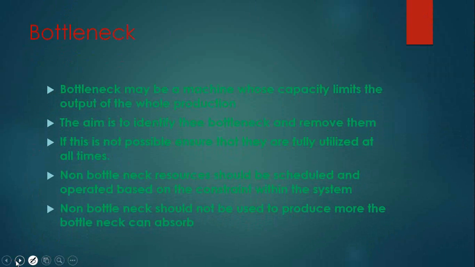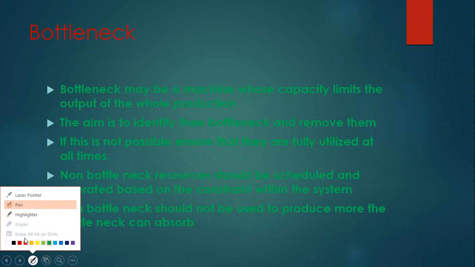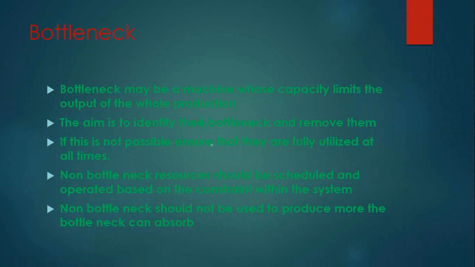So bottleneck may be a machine whose capacity limit, so it may be the machine time. So first thing, you must identify the bottleneck and remove them. So always try and see what is the bottleneck and try to remove them. So that is your task. So as a manager, as a management, you must try and identify your bottleneck. And once you identify the bottleneck, try to remove it.